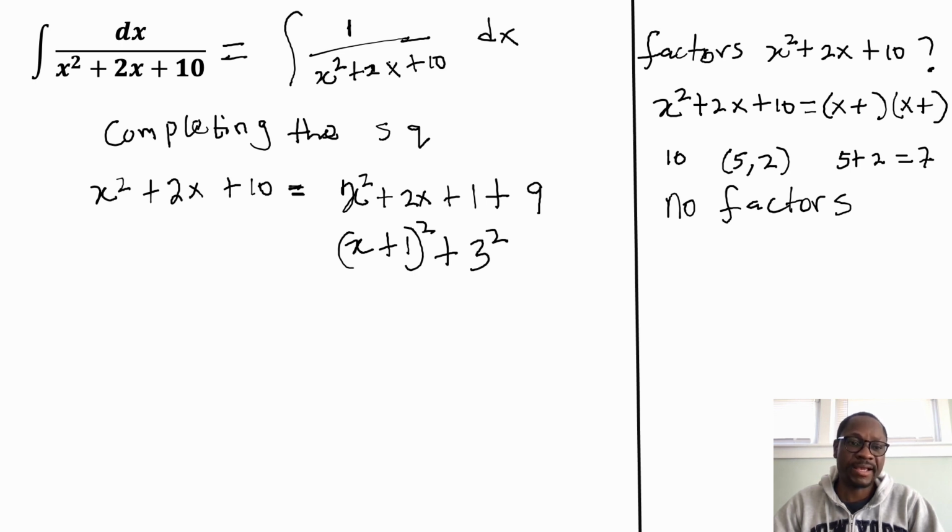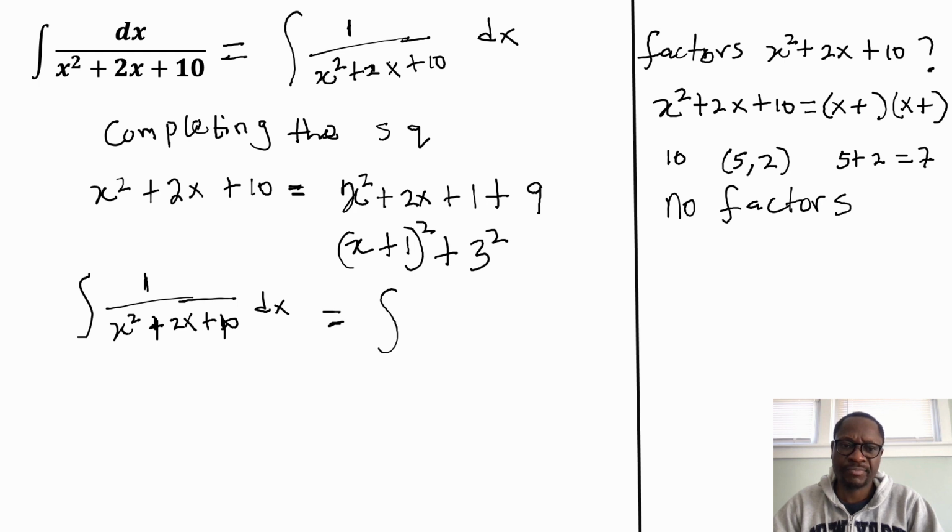So now I can come down here and say my integral of 1 divided by x squared plus 2x plus 10 dx is the same thing as the integral of 1 divided by (x plus 1) squared plus 3 squared dx.